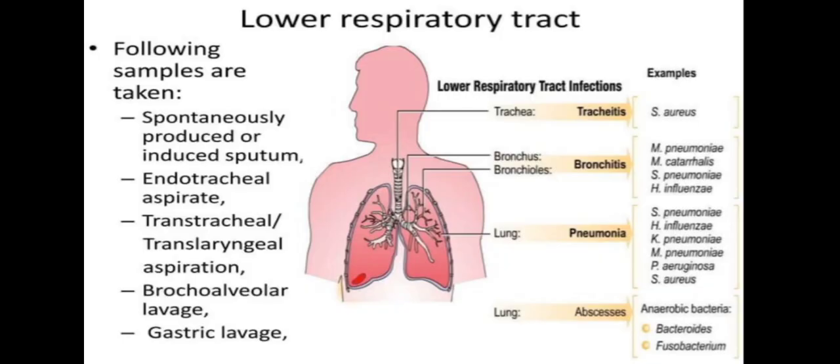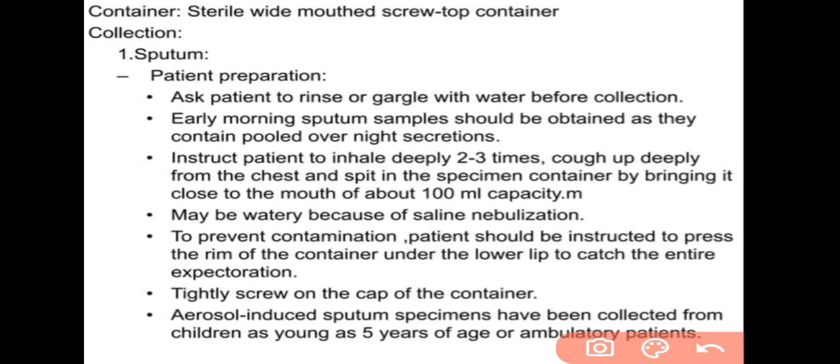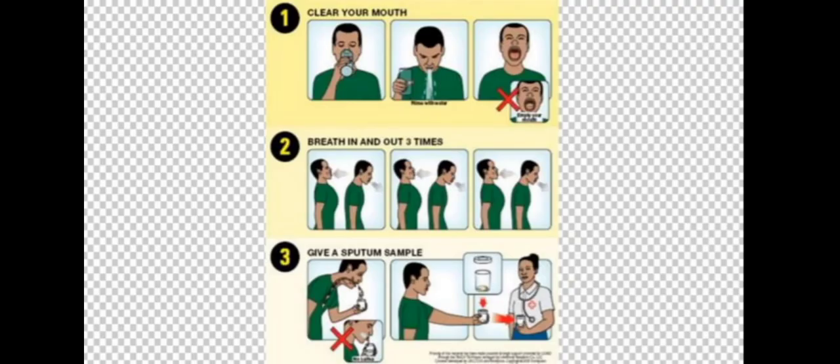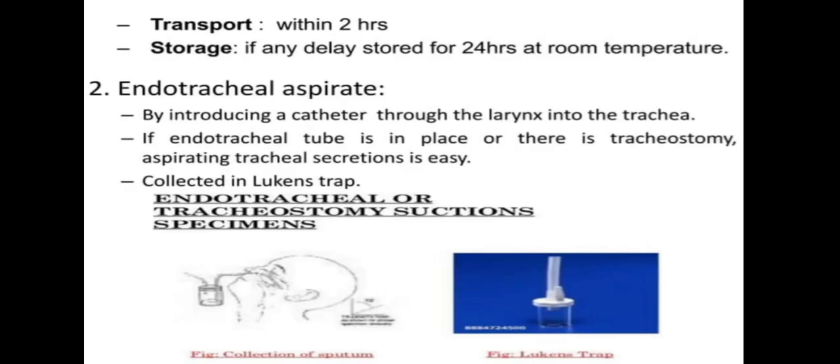Lower respiratory tract. For the collection of sputum, first we have to clear our mouth. You have to tell the patient to please clear the mouth, then breathe in and out 3 times, then give the sample to them.